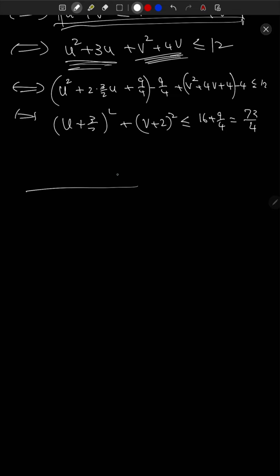So the region we're interested in is a circle, with center at minus 3 over 2, minus 2, and radius like that.